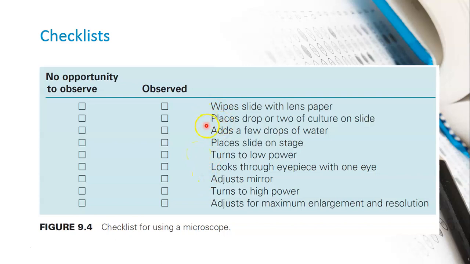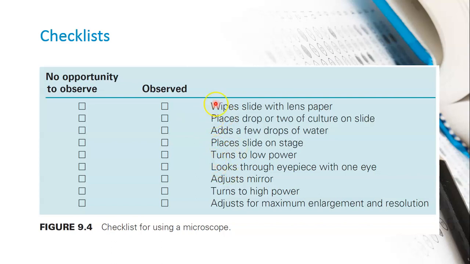This is the list of things that we want to observe for using a microscope. The thing here is either it is being observed or not. That's all. We are not looking for the degree of quality of performing these steps.